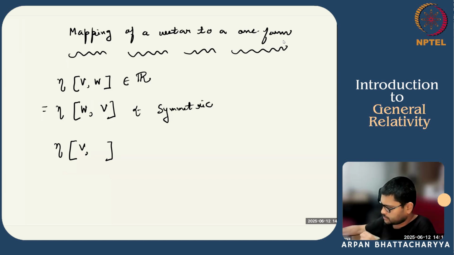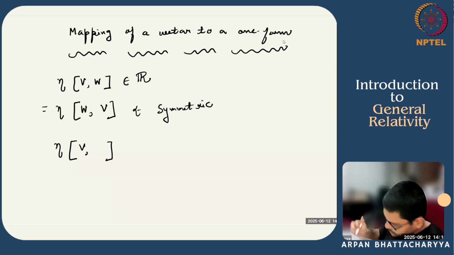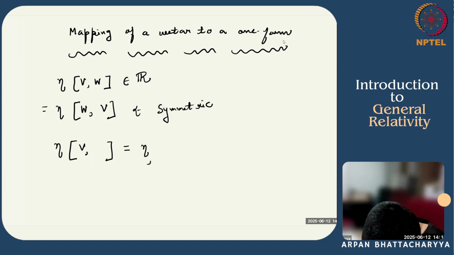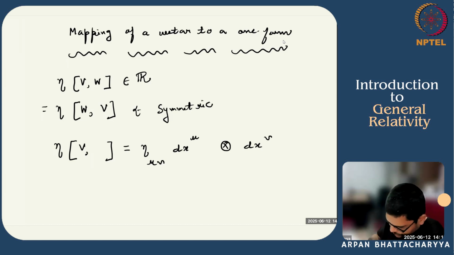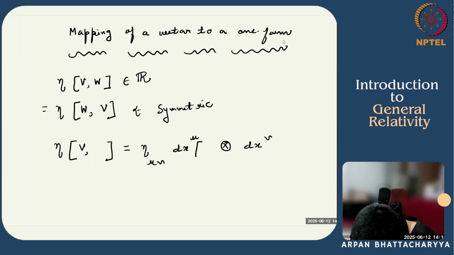So let's proceed from here. Let's write eta in terms of the components and basis. So eta_{mu nu} dx^mu tensor product dx^nu, and we have inserted one vector in the first slot.